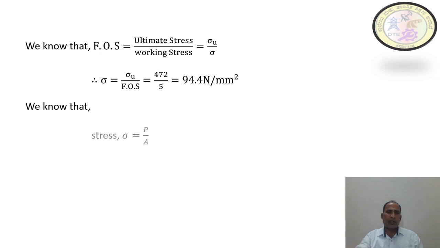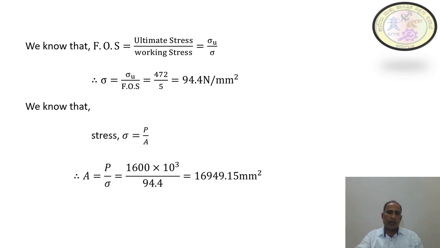So therefore stress sigma is equal to P by A. So from this equation we can calculate the cross sectional area of the bar or the hollow bar. A is equal to P by sigma, therefore 1600 into 10 raised to 3 divided by 94.4. So the cross sectional area is 16,949.15 mm square.